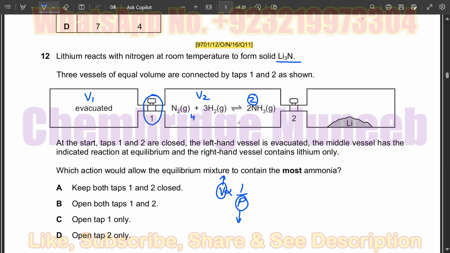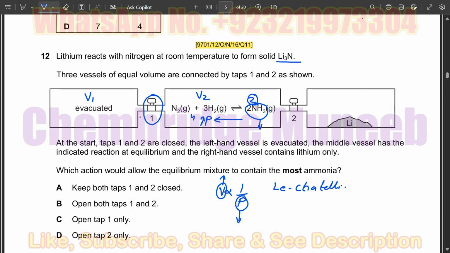So to compensate that, according to Le Chatelier's principle, the pressure must be increased, and the pressure is increased on the left side. So the equilibrium would move to the left side. That will reduce the amount of ammonia yield. So ammonia will be decreased.